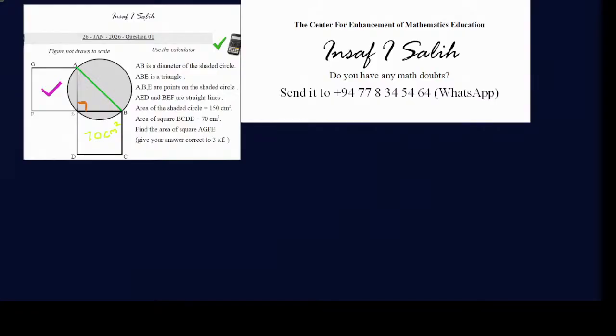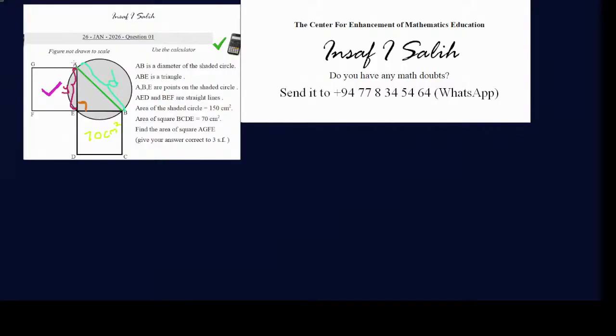What we have to use here is Pythagoras theorem. Let's apply Pythagoras to this right triangle ABE. Let me take AB as D centimeters, and let me take AE as y.